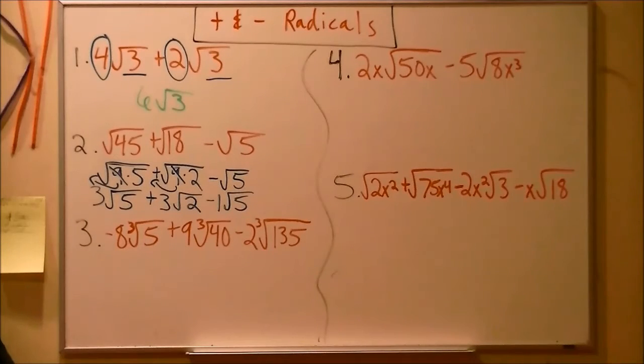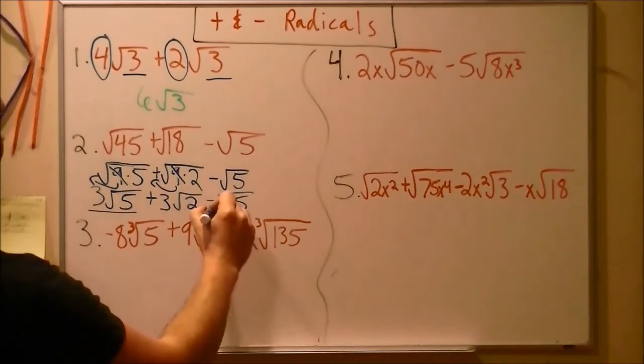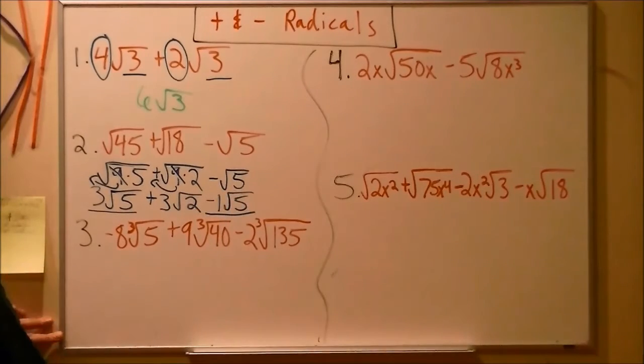Now, do I have any terms in common, meaning the same base, the same term being rooted to the same power? Yes, not all of them, but this one, 3 square root 5, has the same base of minus 1 square root of 5.